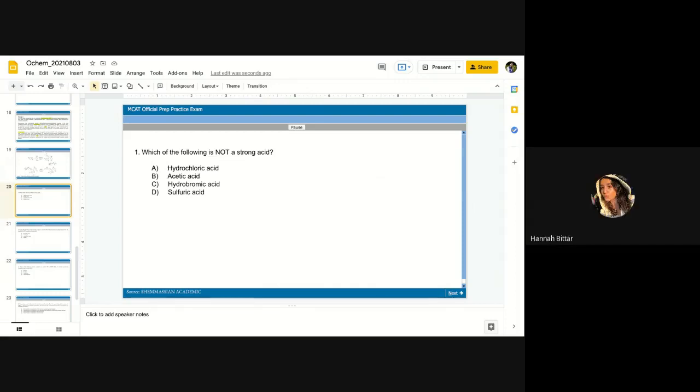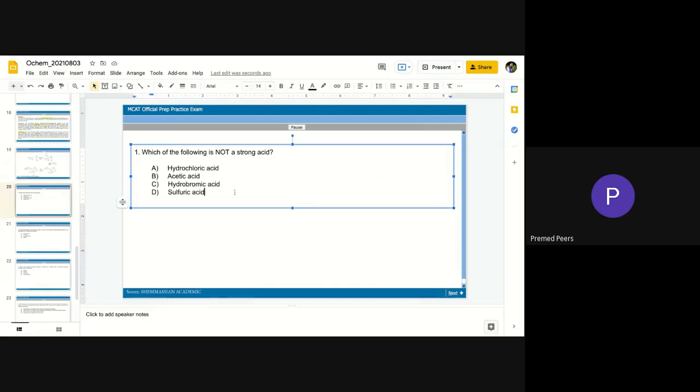I said B. So you both said B, which is great. Just a reminder of one key thing: the strength of an acid is determined by the stability of the anion formed. That is mentioned in the GenChem section.